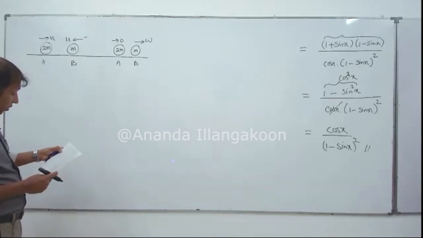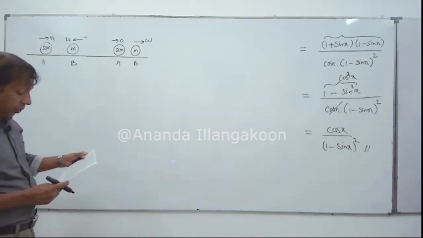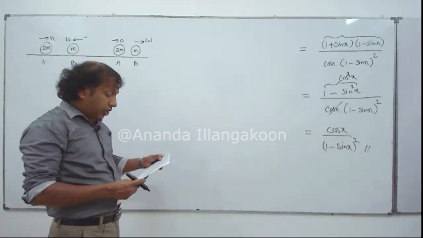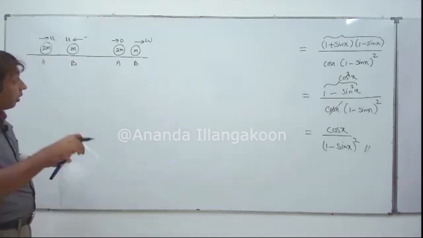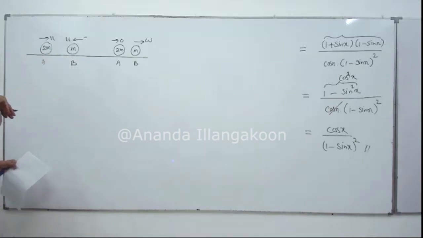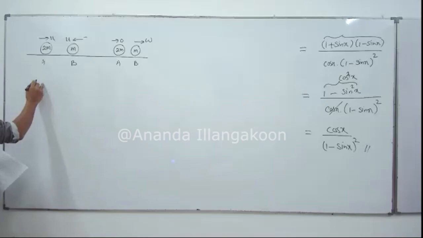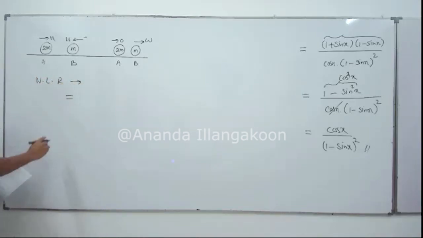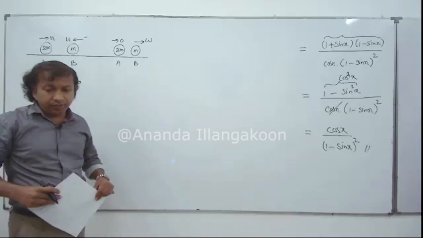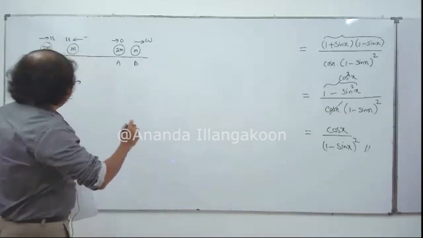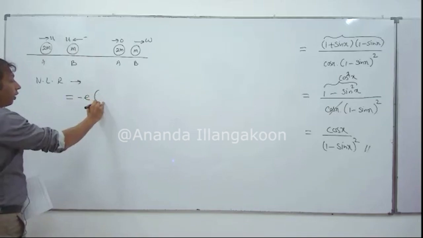So that the coefficient of restitution is half, and that the magnitude of the impulse exerted on B due to collision is 2mu. Now we'll apply Newton's law of restitution rightward. Newton's law of restitution says minus e times relative velocity before impact.